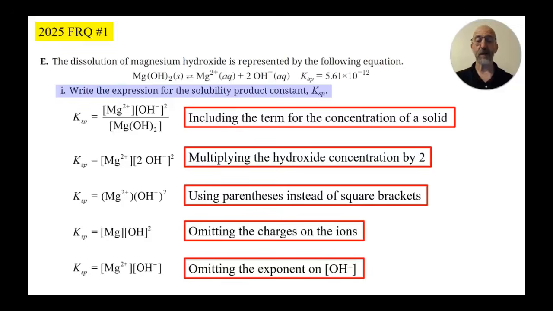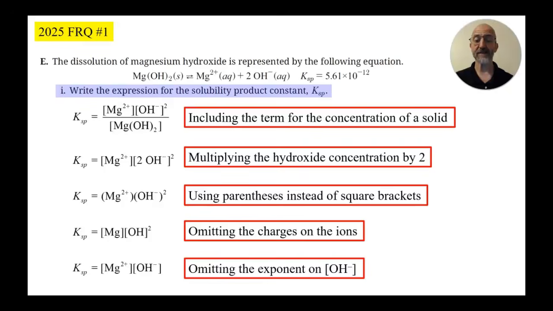So mistake number 1, including the term for the solid in the denominator of that expression. Next one, multiplying the hydroxide concentration by 2, so there's a 2 inside the brackets. That makes that expression incorrect. Another mistake is to use parentheses in the KSP expression instead of using square brackets to indicate concentration.